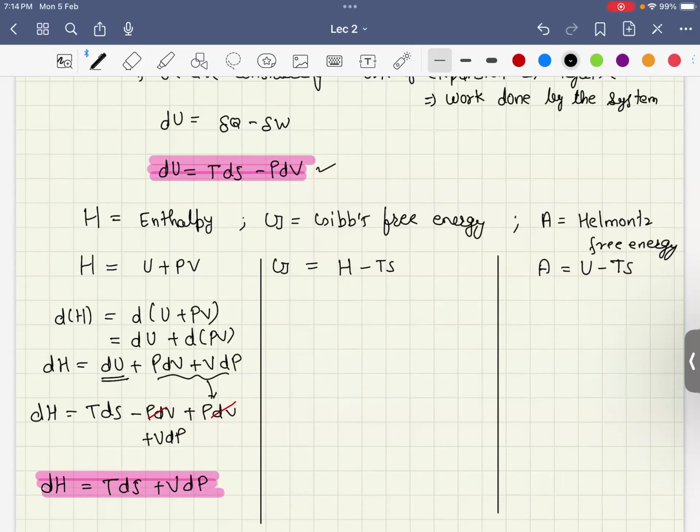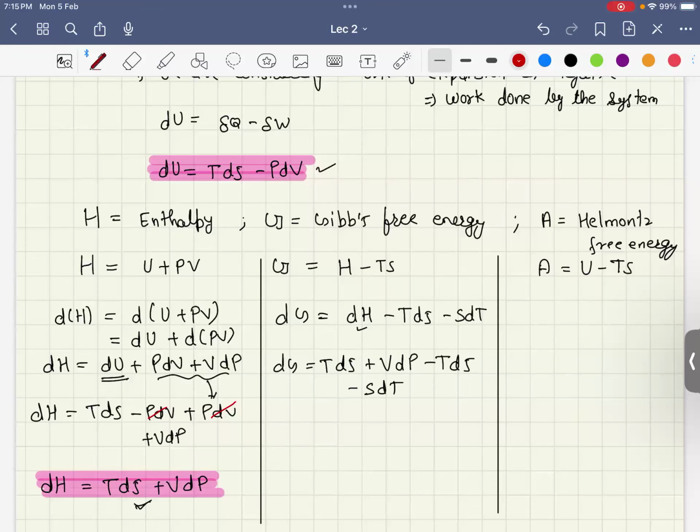Similarly here also, I want dG. What is dG? So I take the total derivative of these things. Again, dG is equal to dH minus TdS minus SdT, right? But what is dH also equal to? dH is also this one. So dG is nothing but TdS plus VdP minus TdS minus SdT.